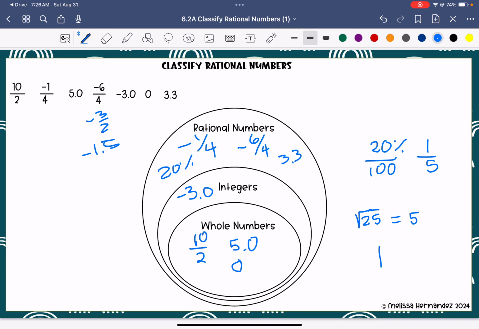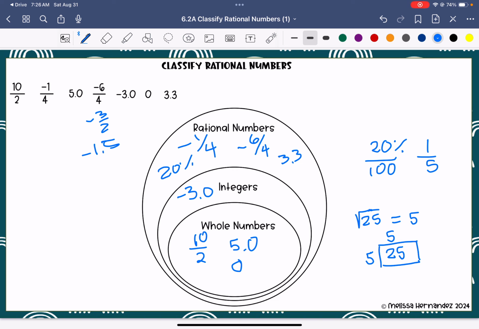Okay. Squares, if you remember, have 4 equal sides. So if the area is 25, my side length is 5. 5 by 5. You don't have to know it. A lot of kids come in knowing that from elementary. So the square root of 25 is 5. You don't really have to know that yet, even though a lot of kids come into junior high already knowing.